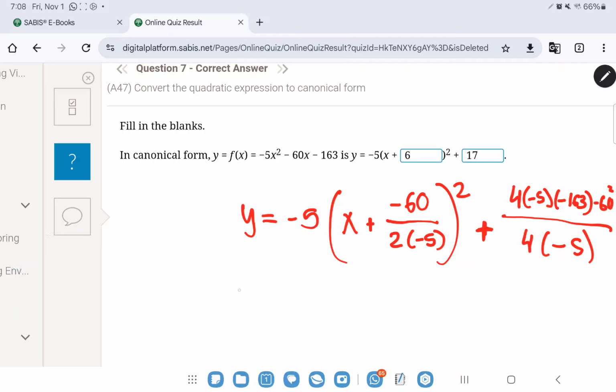Let's solve. So we get y equals negative 5, x plus 6, because the minuses are gonna cancel out, squared plus, I'm gonna put this in my calculator just to make sure I didn't write anything wrong, even though the answer is in front of me.